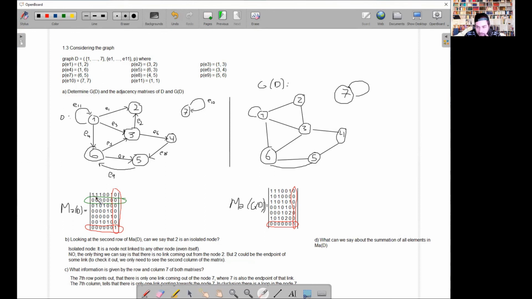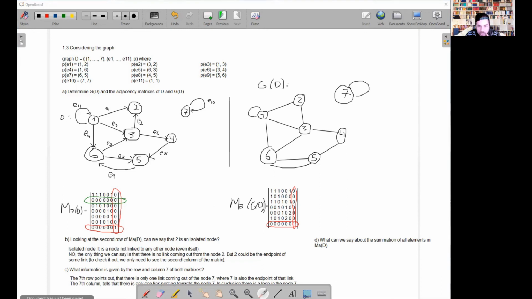If we add all the elements in this matrix, we should have the number of links, right? The total number of links that we have on this matrix.